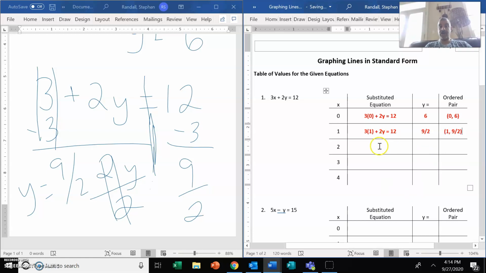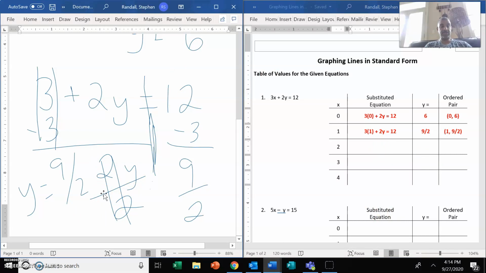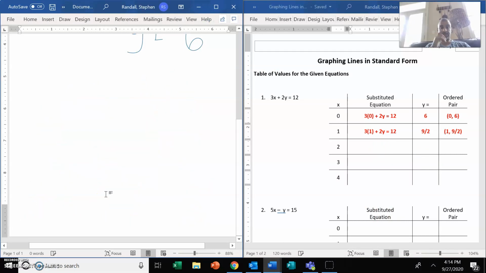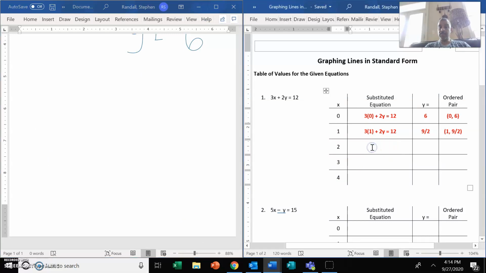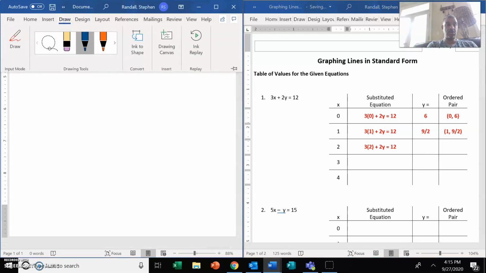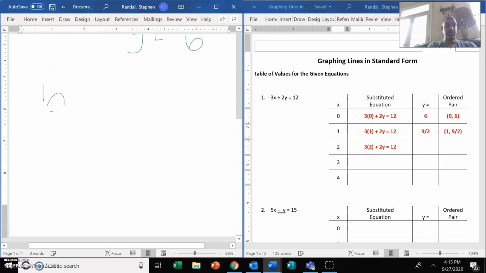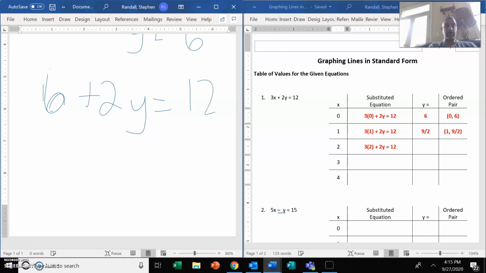Okay, and I'm going to keep that process going, but in order to do that, I got to clean up some stuff over here. Now x is 2, so that's 3 times 2 plus 2 times y equals 12. And let's solve that. 3 times 2 is 6 plus 2y equals 12.